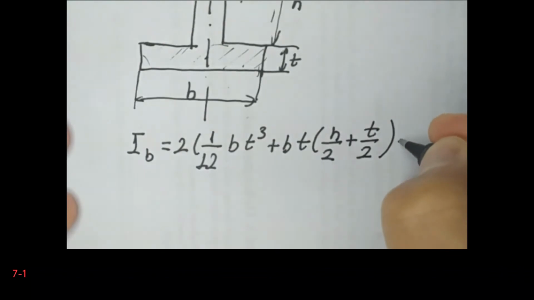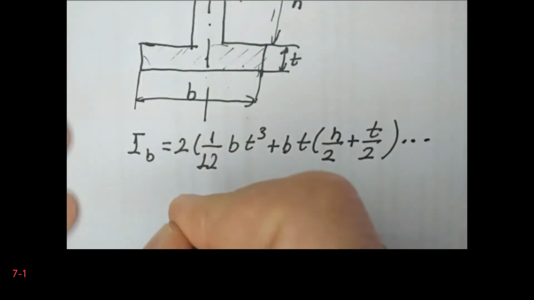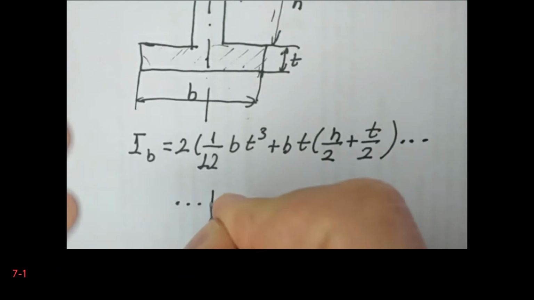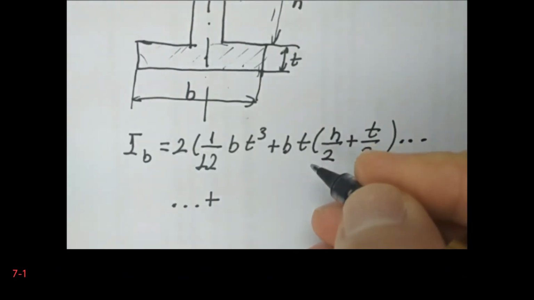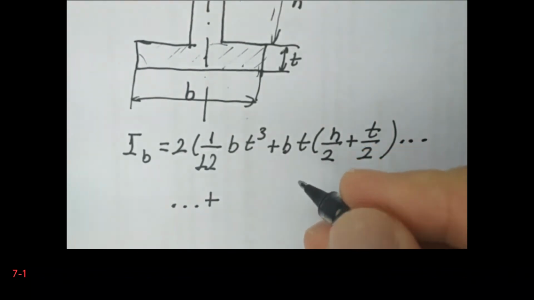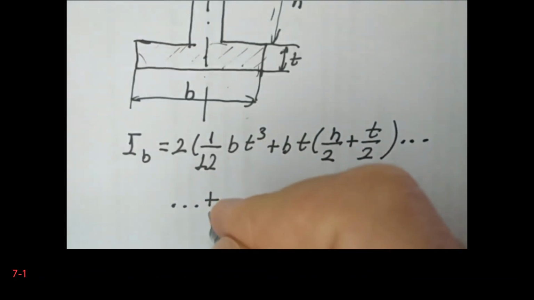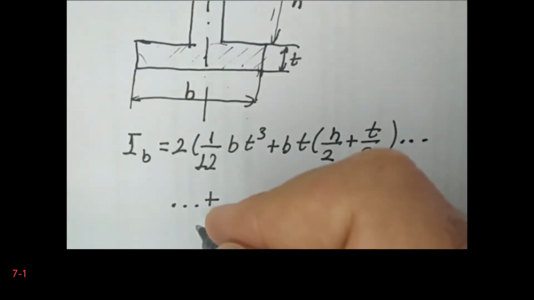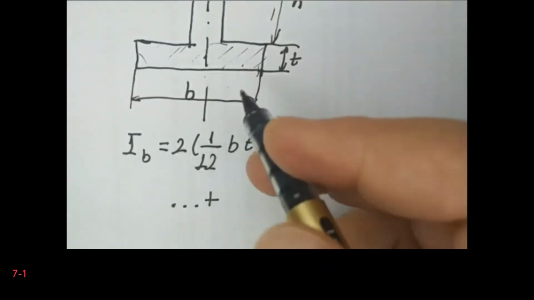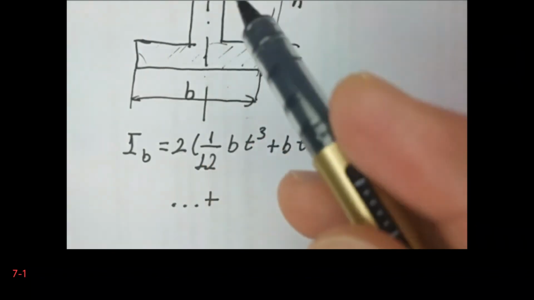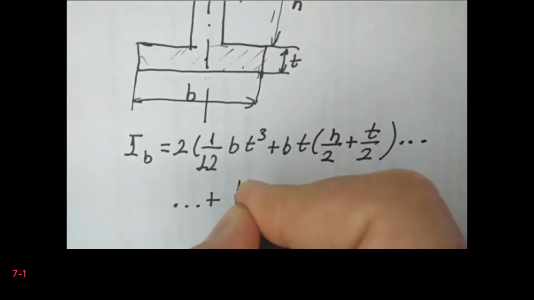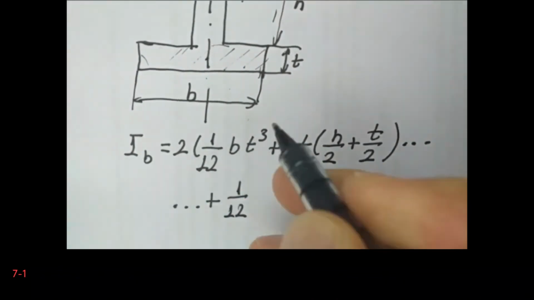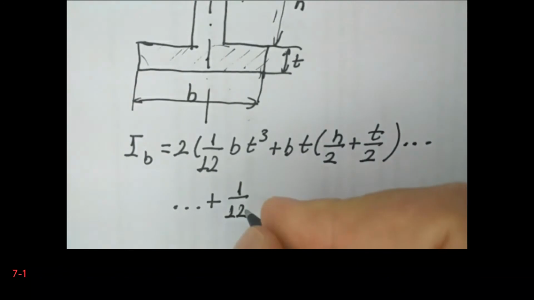Let's continue below. I will continue the equation here, and now I will write the moment of inertia of the web at the center. It is 1/12 T multiplied by H cubed.